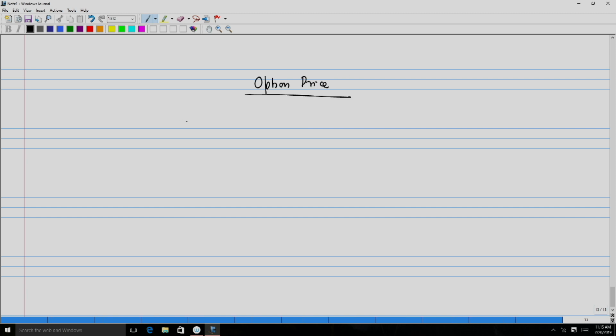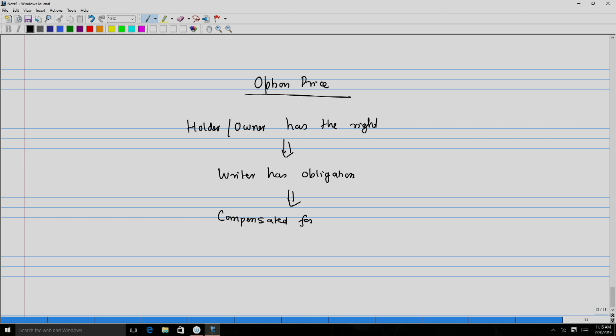Remember that in case of an option, the holder or the owner has the right, which means that the writer has an obligation, and because the writer is in an obligatory position, they have to be compensated for accepting this obligatory position.